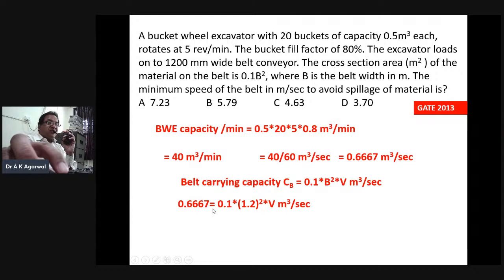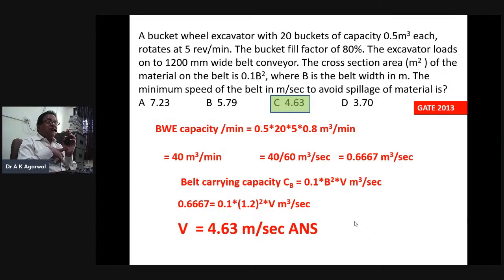So 0.6667 is equal to 0.1 into B square, B is the belt width 1.2 meter, so 1.2 meter square, into V, the velocity which we have to determine. Simplify this and you get V is equal to 4.63 meter per second. So C is the right answer. This question was asked in GATE 2013.